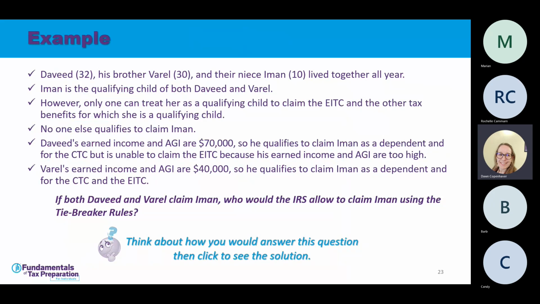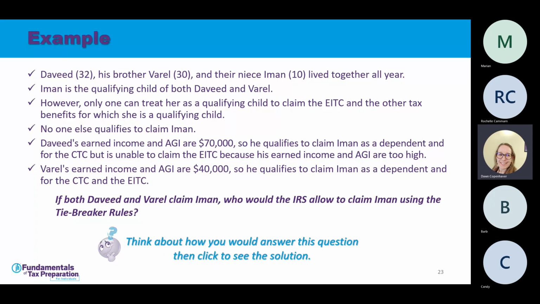No one else claims Iman. David's earned income and AGI are $70,000. So he qualifies to claim Iman as a dependent and for the child tax credit, but his income is too high for earned income credit. Varel's earned income and AGI are $40,000. So he qualifies to claim Iman as a dependent for the child tax credit and earned income tax credit.